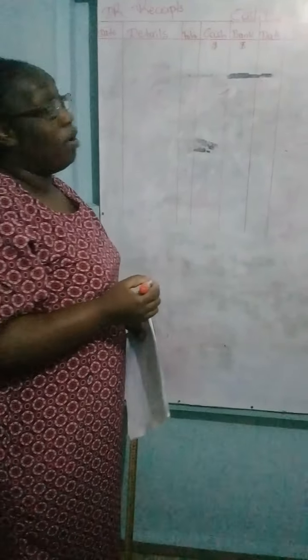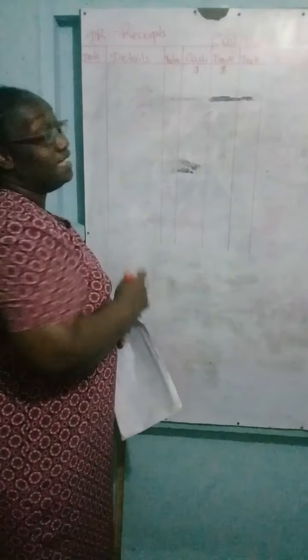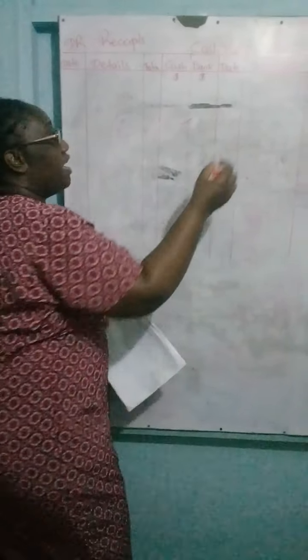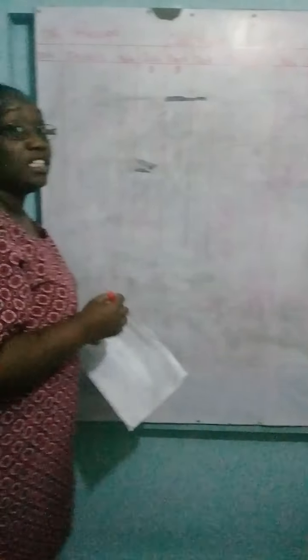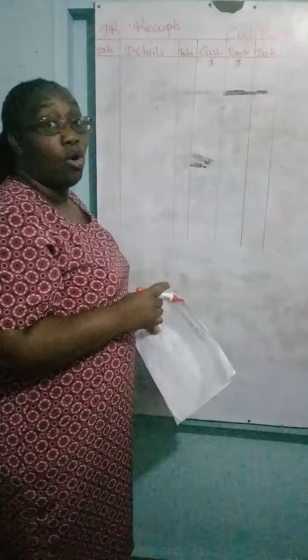So all monies coming in, whether they are cash or by check, are recorded on the debit side, and our credit side is our payment side. This side reflects all payments made, whether by cash or by check.